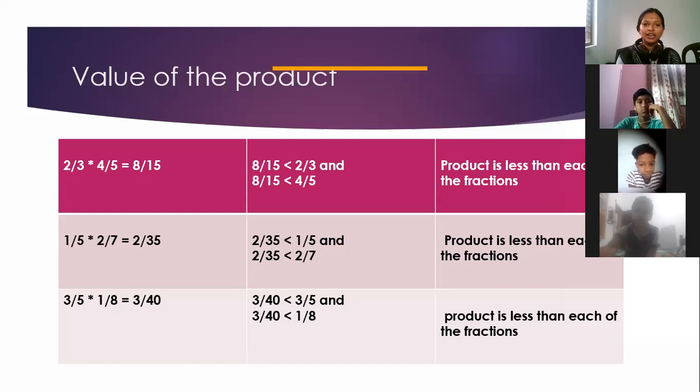For that, in the first column, it is given that 8 by 15 is less than 2 by 3. How will you say 8 by 15 is less than 2 by 3? Anybody?